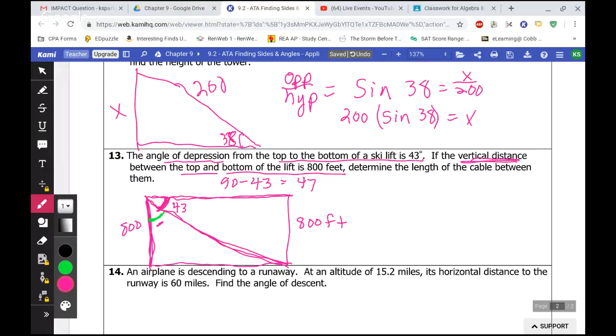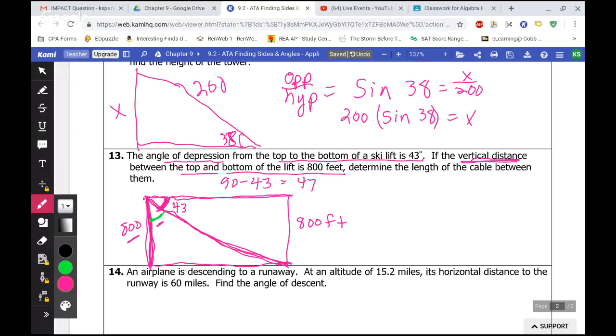You're okay. Determine the length. This is the cable. If I was better at drawing this, this is the cable that goes from the top of the ski lift to the ground. And we know that the height of the ski lift is 800 feet. Okay.